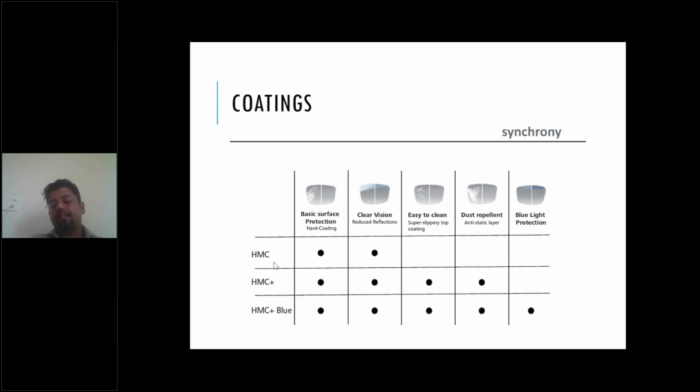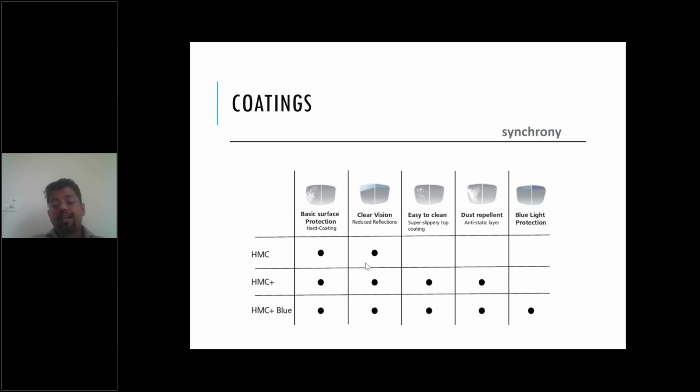For example, if you only tell the customer to go for an ARC, HMC is nothing but an ARC lens or normal ARC lens. But when you go to higher coatings, it will be easy to clean, dust repellent, and have blue light protection as well. So when you go to higher ends, the functions of the lens will increase. Earlier in our days we used to prescribe everybody, okay, go for ARC lenses.